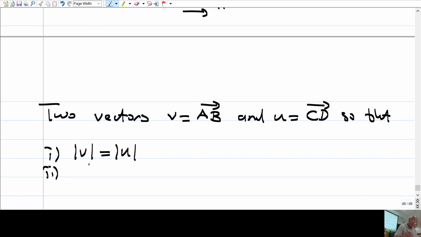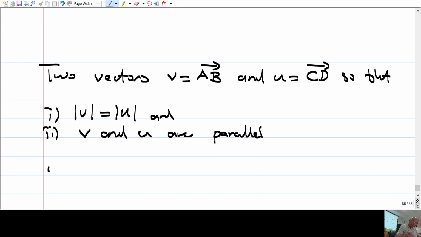And second, U and V are parallel. Such vectors will be considered the same.